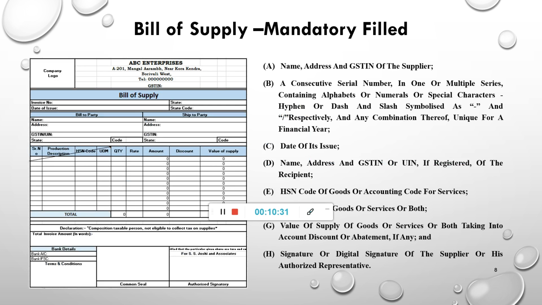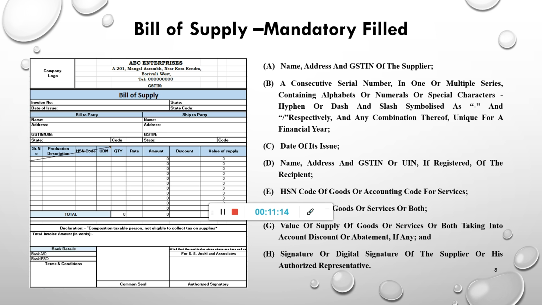Now we are going to discuss the bill of supply format. A bill of supply shall be issued by the supplier containing the following details, which include name and address along with GSTIN of the supplier, a consecutive serial number for the financial year, and date of its issuance, name, address, GSTIN of the recipient if registered, HSN code of goods or accounting code for services, description of the goods or services or both, value of supply of goods or services or both, and signature or digital signature of the supplier or authorized representative.